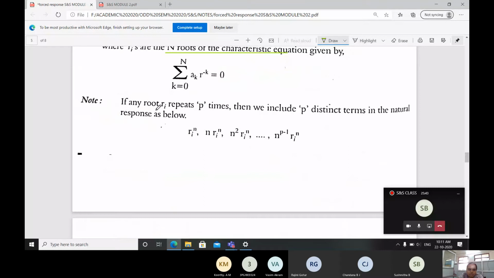If any root r_i repeats p times, then include p distinct terms in the natural response. So we will get r_i raised to n, then n r_i raised to n, then n square r_i raised to n, and it goes on, and the last term will be n raised to p minus 1 into r_i raised to n. This is what you have to go for.